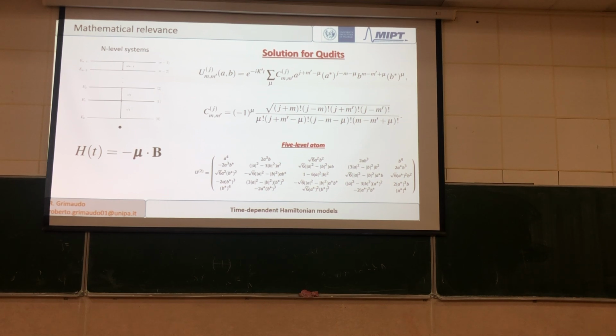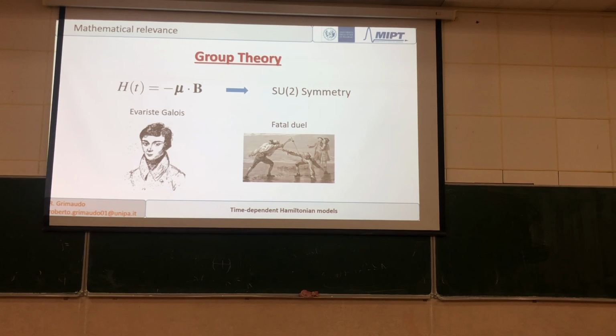Of course, you notice that the structure of this time evolution operator becomes more complicated when we increase the dimension of our system. But what is important is that by solving the two-level dynamical problem, we can find these very complicated time evolution operators, though solving it is not in general easy.